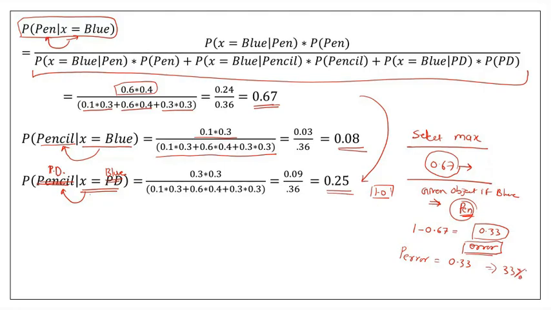There is no guarantee, but there is quite a good chance that it is a pen. So this is how the probability works.